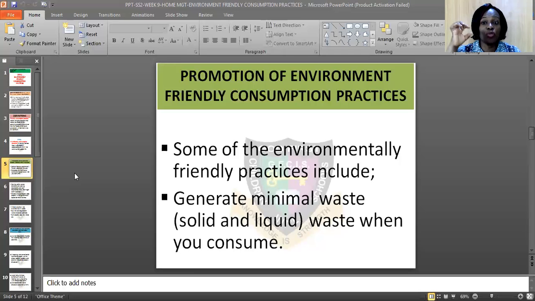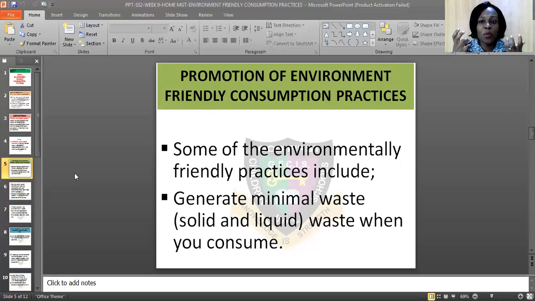It helps you to know how to manage the limited resources around your vicinity in your environment. Is that taken? So it will help you to minimize the waste you will be incurring, because already you have known how to manage the resources around you. Is that taken? So you will now know the difference between solid waste and liquid waste and how you go about it. Are you getting?